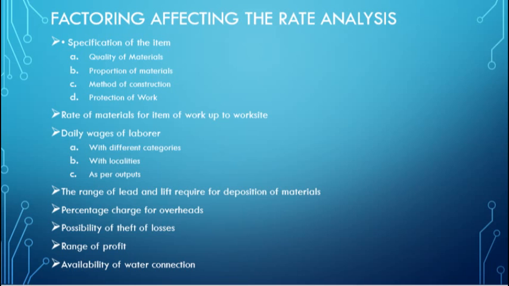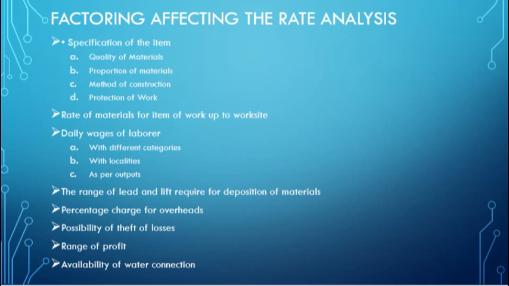So the specification of the item: number one, quantity of the material; number two, proportion of the material; number three, method of construction; number four, protection of work. Rate of material for the item of work up to the work site. Daily wages to the laborer of different categories, in different localities, as per the output.